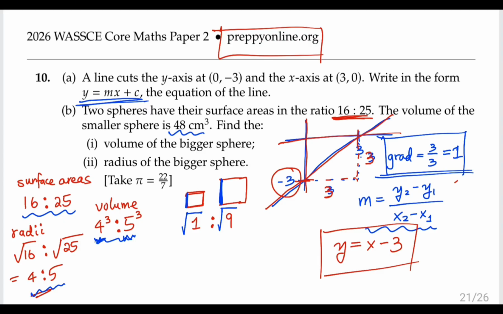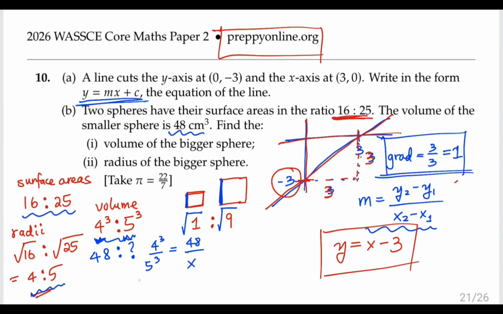So the volumes are in this ratio, and the smaller one is 48. So the question is, what is the bigger one? We can cross multiply. So this is a direct proportion. So we have that 4 cubed over 5 cubed is equal to 48 over x, where x is the volume of the bigger sphere.